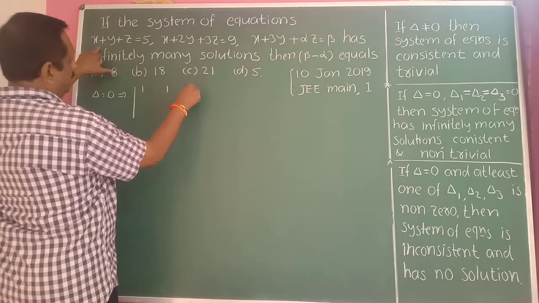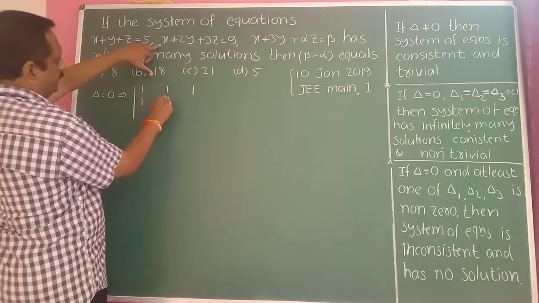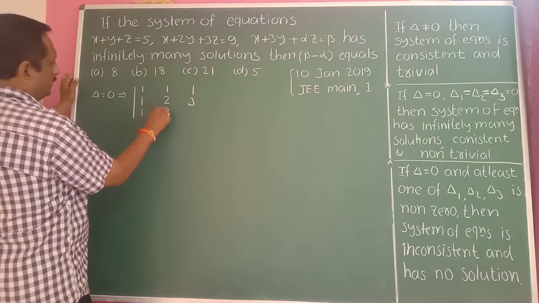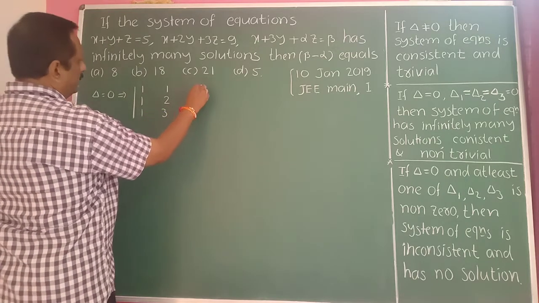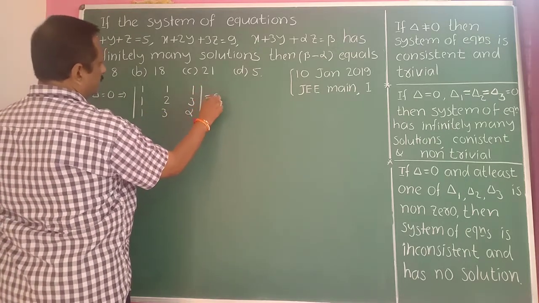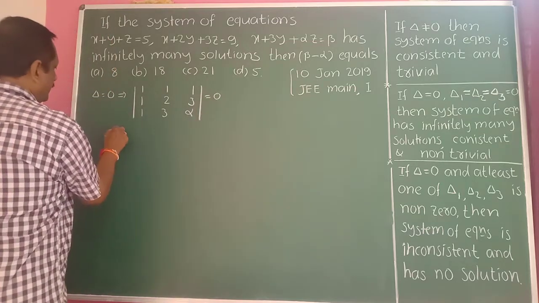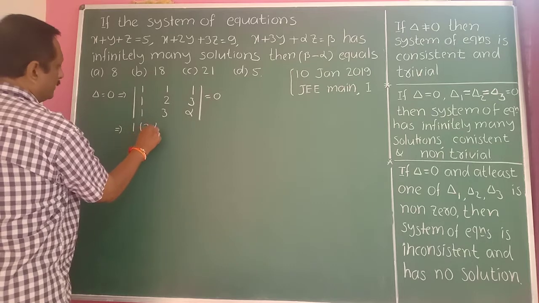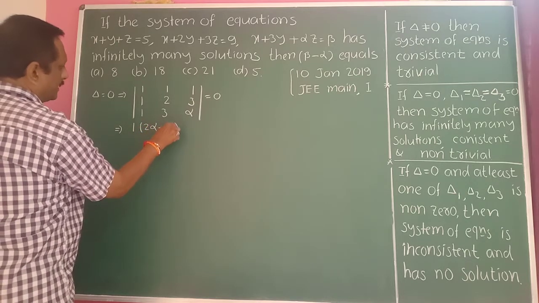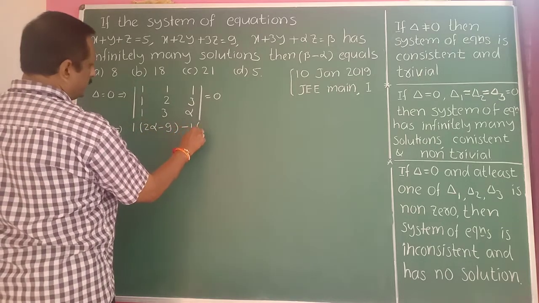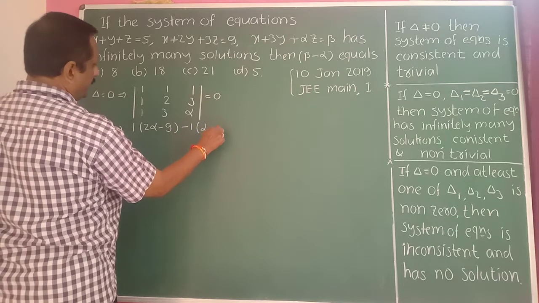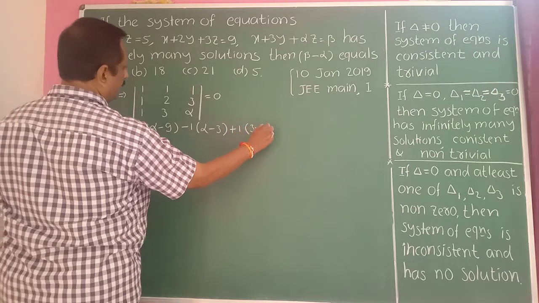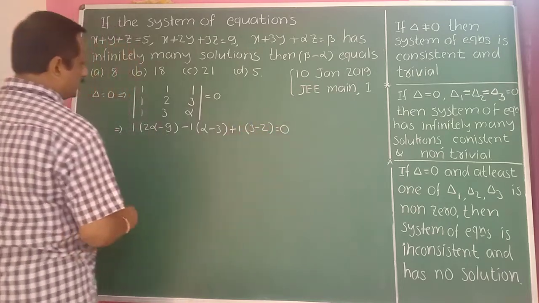1 and 1, then write 1, 2 and 3, then 1, 3, alpha, that is equal to 0. Then expand it: 1 into bracket 2 into alpha becomes 2 alpha minus 9, then minus 1 into bracket alpha minus 3, plus 1 into 3 minus 2, that is equal to 0.